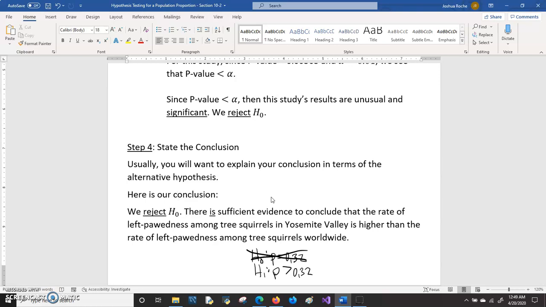You're ruling it out and saying that it's probably not true. And by default, it means that you're finding support for the alternative. And that's what you're saying in this conclusion, that we're rejecting the null hypothesis, and we're concluding that there is enough evidence to support the alternative that the rate of left podness in Yosemite Valley is greater than the rate worldwide.